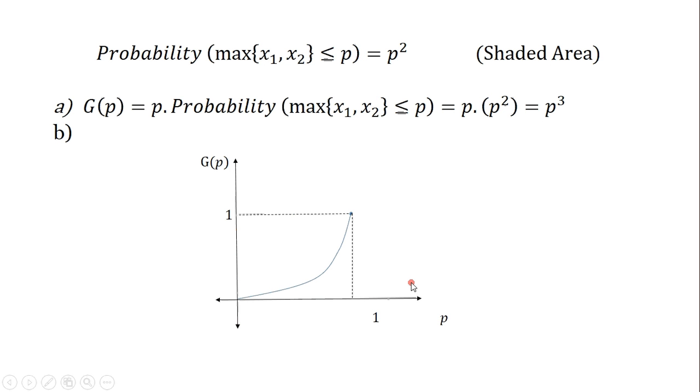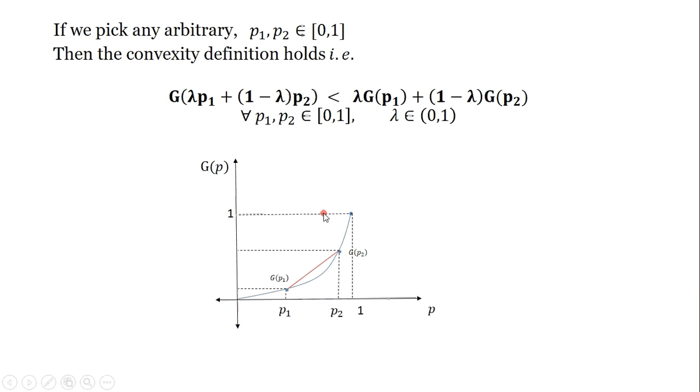Next, the part asks about the curvature of this function. We can do this by two alternative approaches. The first approach is that we can simply apply the definition. If we apply the definition of convexity, we can pick any arbitrary p1 and p2 which belong to this domain 0 to 1. Then the convexity definition holds.